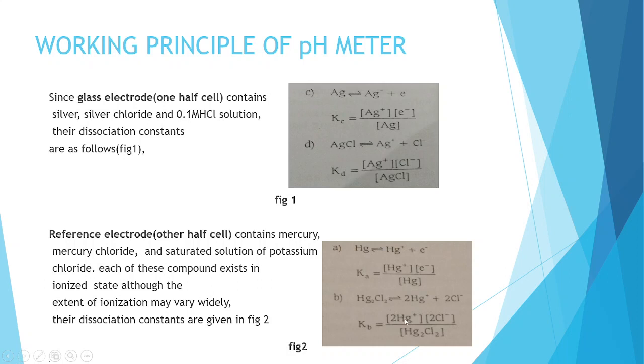Here the molar concentrations of these ions are multiplied and then divided by Hg2Cl2, which is undissociated. These are the conditions present in the glass electrode or pH responsive electrode and the reference electrode.